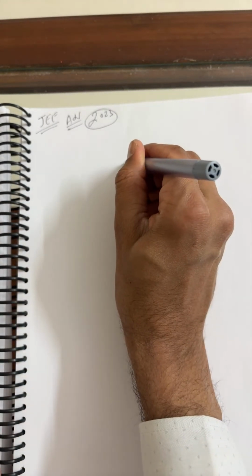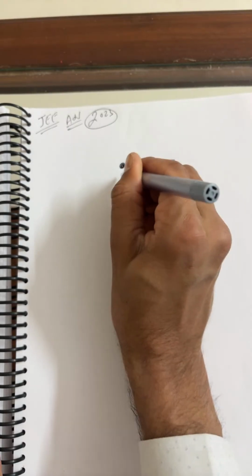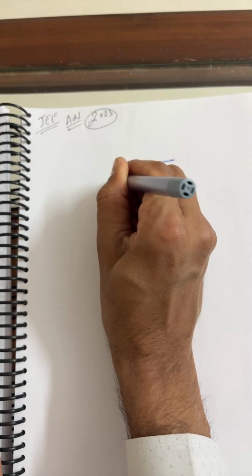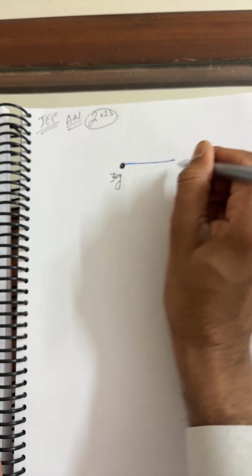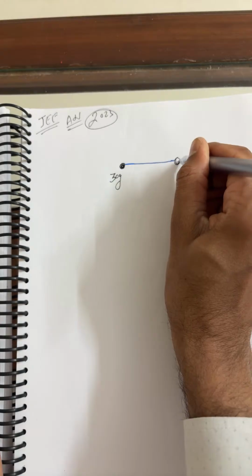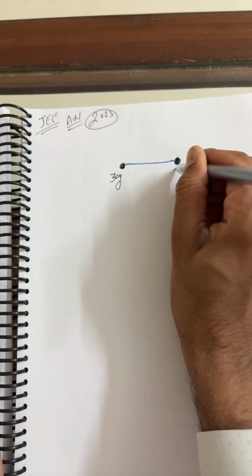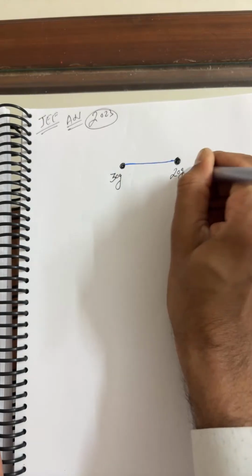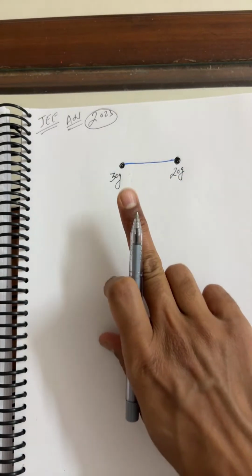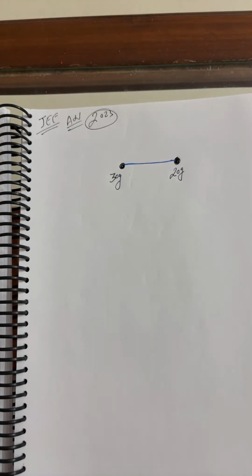This is the rod, and there are two masses here. One mass is 30 gram, and the other mass is 20 gram.